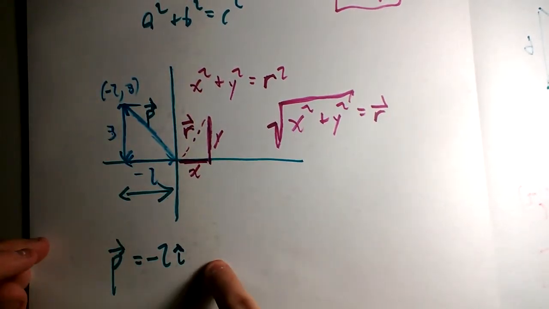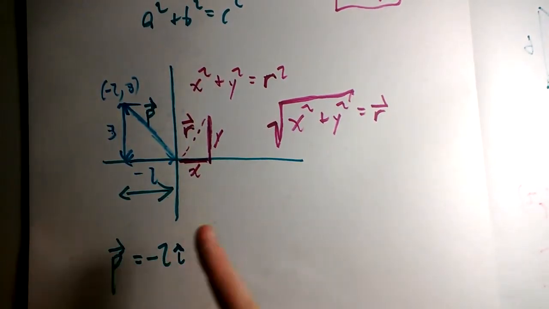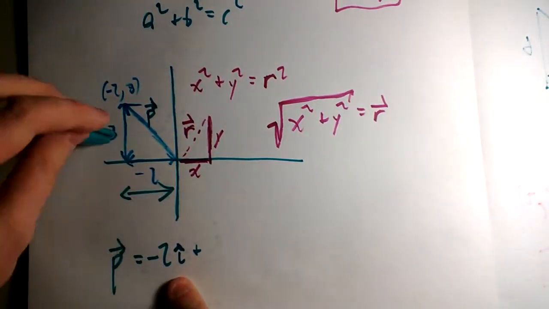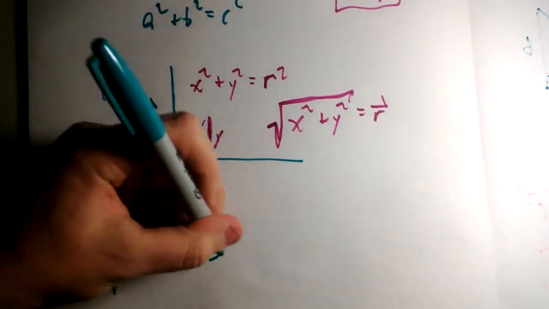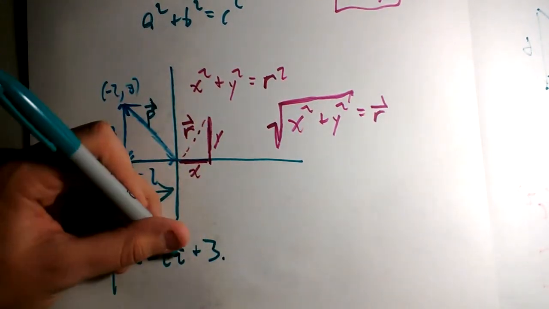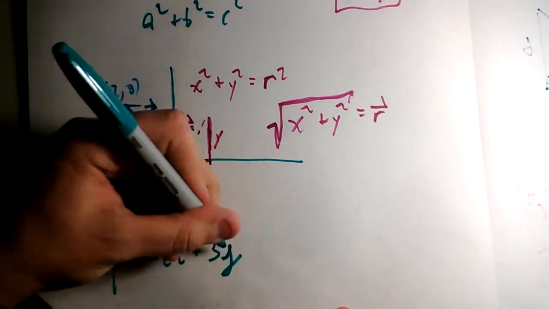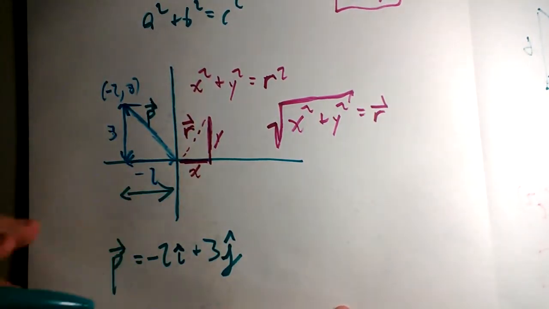So that means go -2 in the i direction. i represents this x direction, and 3 represents your y direction. And guess what? If i is x, what's after i in the alphabet? j. So we do a curly little j with a hat on it.